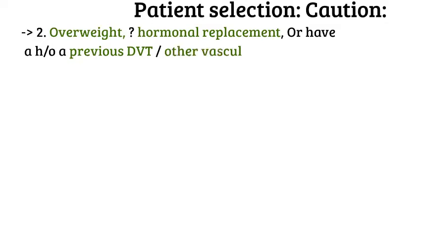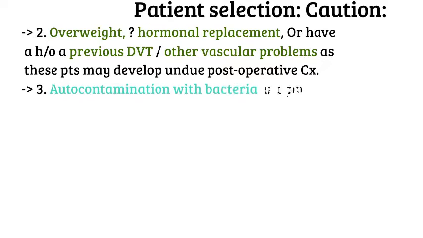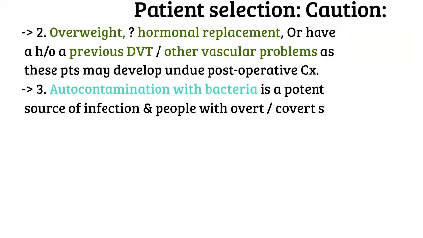Number 2, patients who are overweight, on hormonal replacement, or have a history of previous deep vein thrombosis or other vascular problems, as these patients may develop undue post-operative complications.